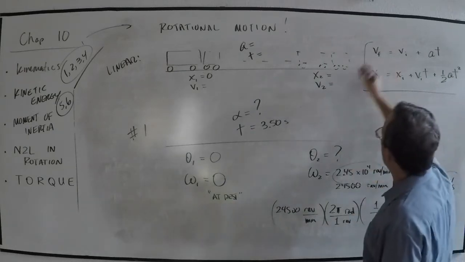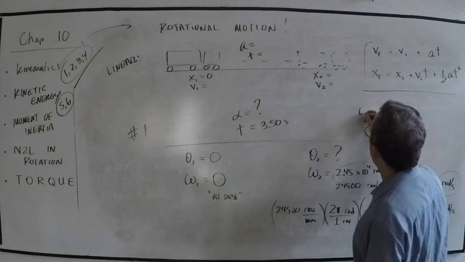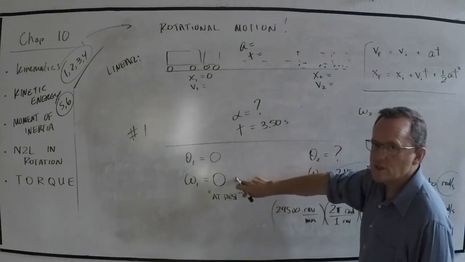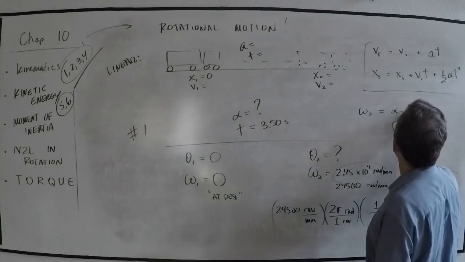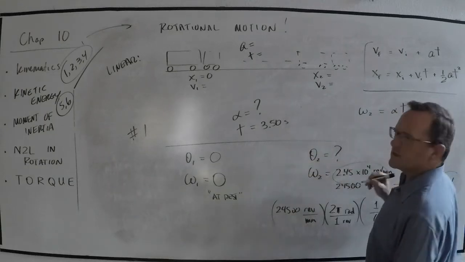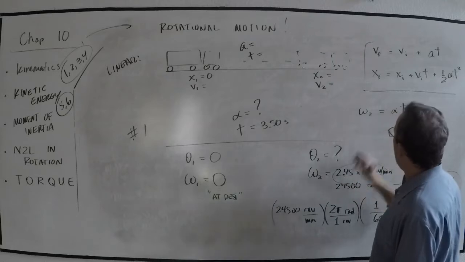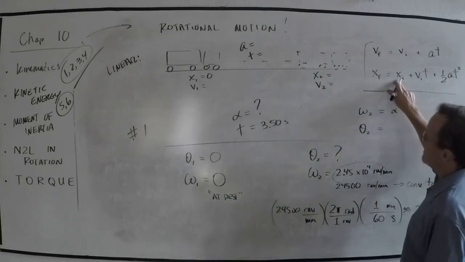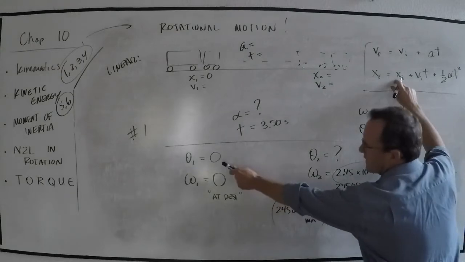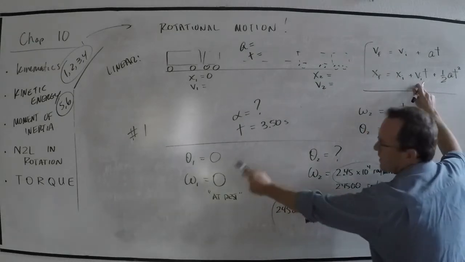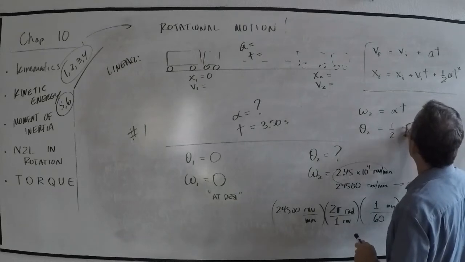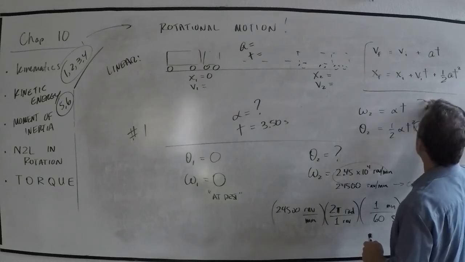What do we have for our first equation? We're going to have theta 2 is equal to theta 1, which is 0, plus acceleration times time. Okay. And what's our other equation? Theta 2 is equal to theta 1, which is 0, right? Omega 1, which is 0, and then 1/2. You guys have done problems like this before.